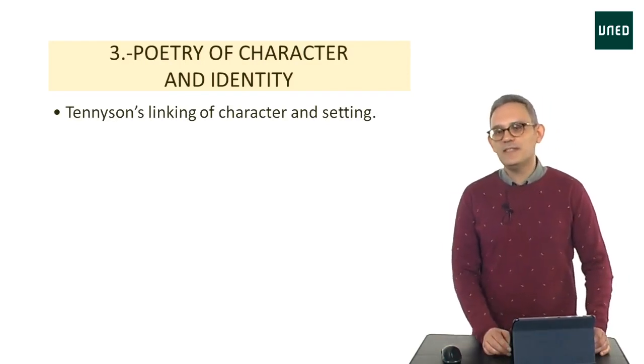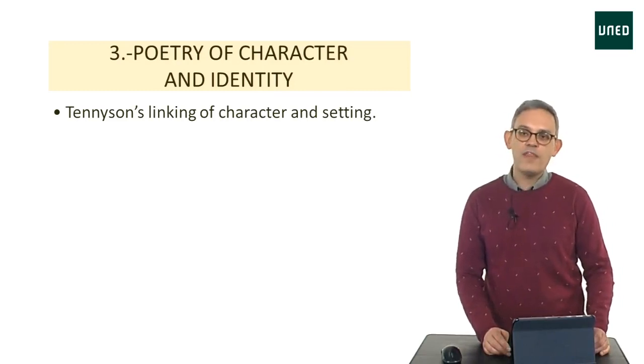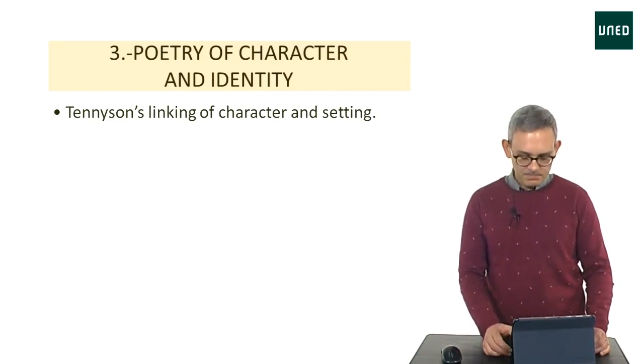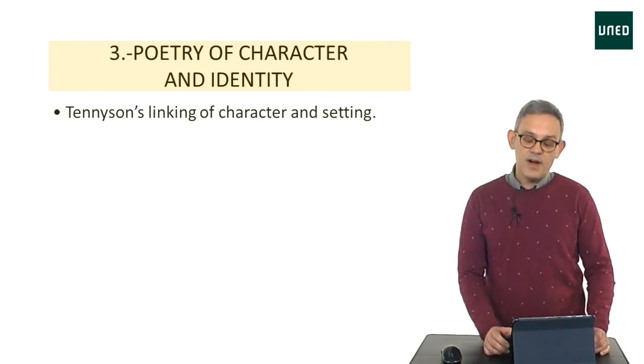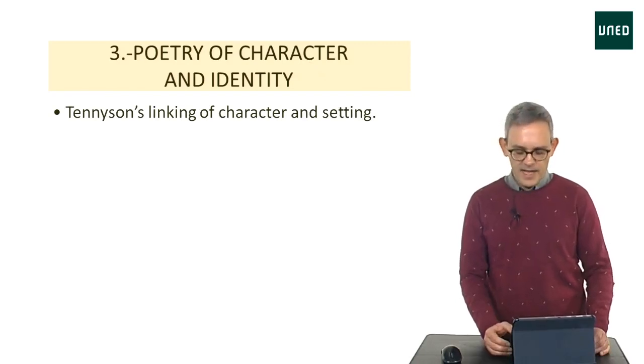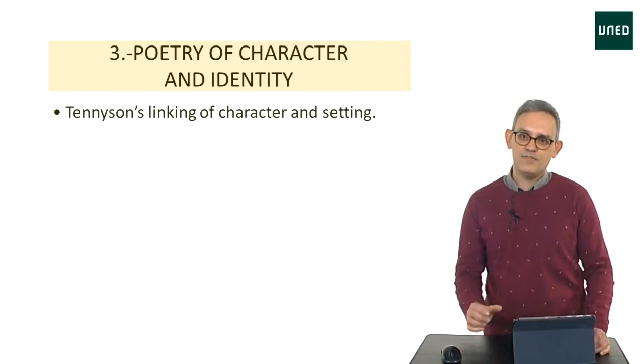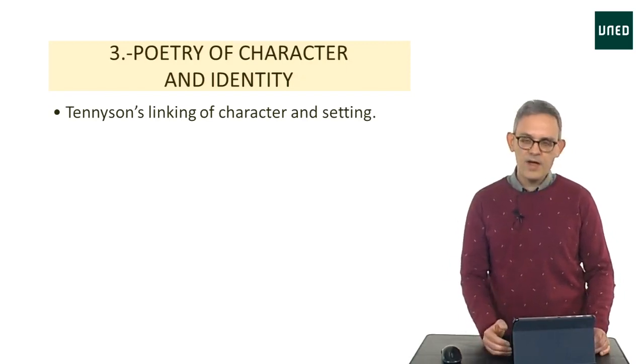In both cases, Tennyson uses the device of identifying character with spatial setting. In Mariana, her feeling of loneliness, her yearning for death, correspond visually with the setting, with the decayed house, the lonely moated grange. This is a phrase that recurs in the poem.